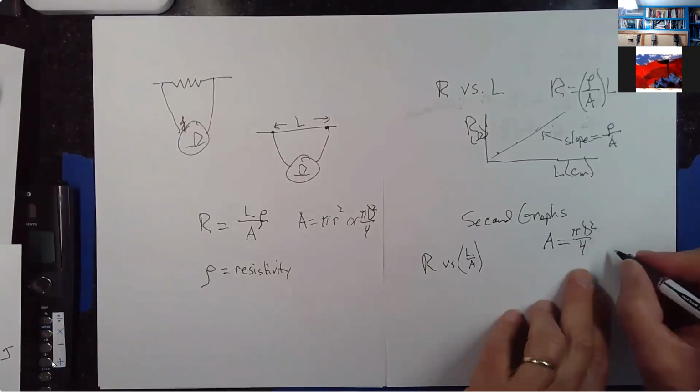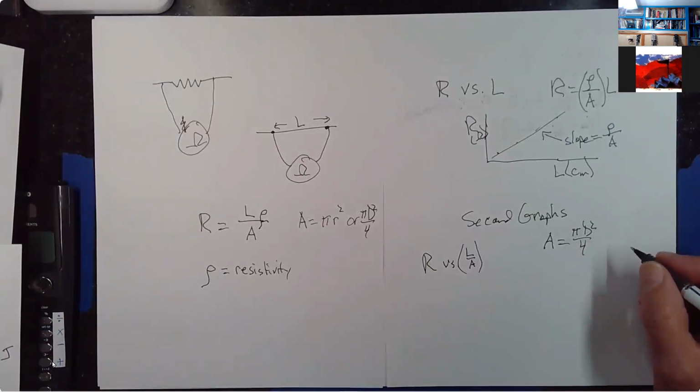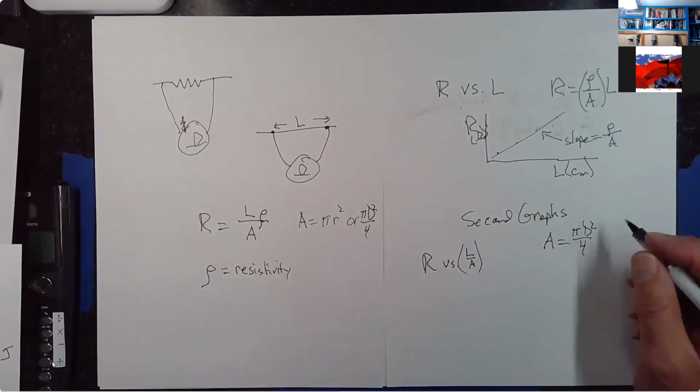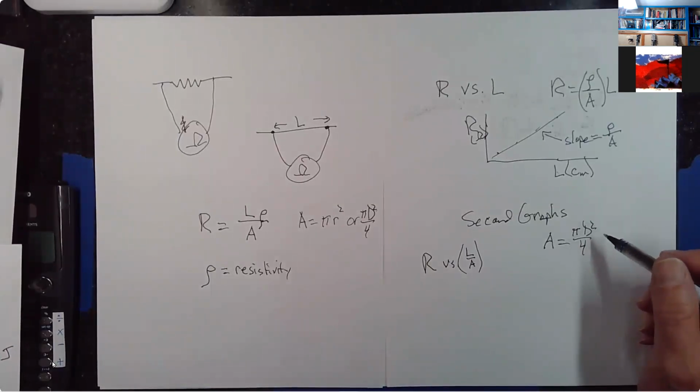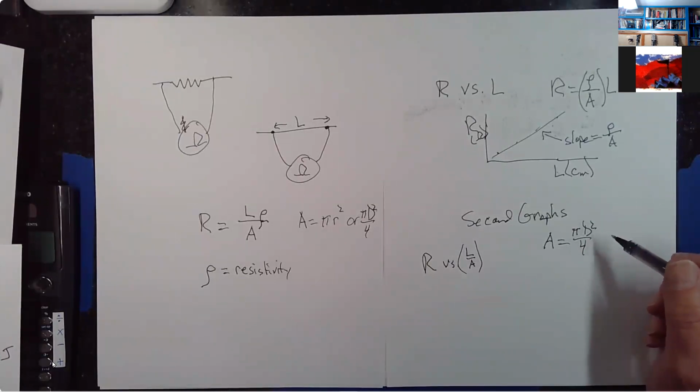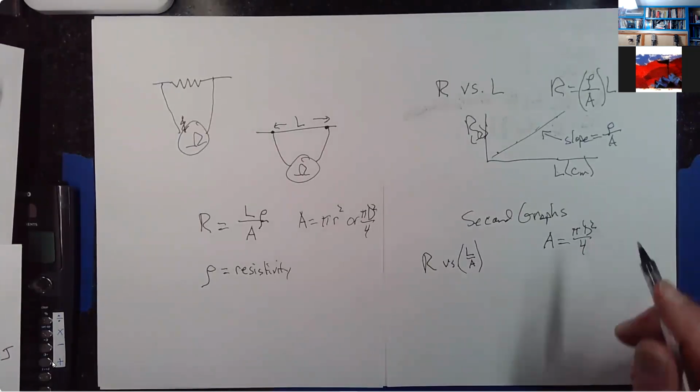But the diameters are usually in millimeters, and I see lots of mistakes converting from millimeters squared to meters squared or centimeters squared. So make sure you do that correctly.